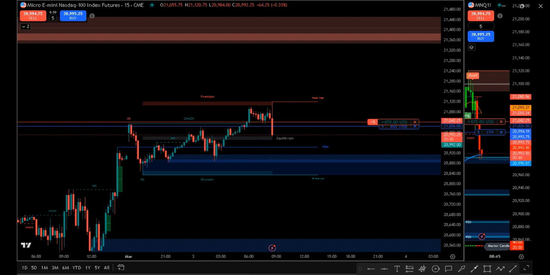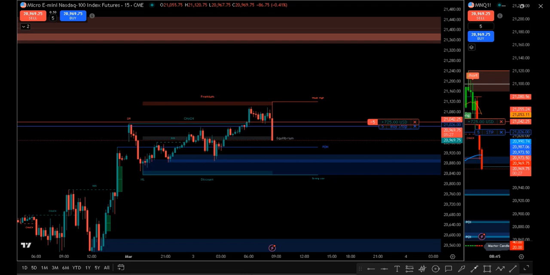On the 1 minute time frame, I'm currently at the 200 EMA. On the 15 minute, we're currently approaching the middle of the range. We have more selling volume coming in at this level.